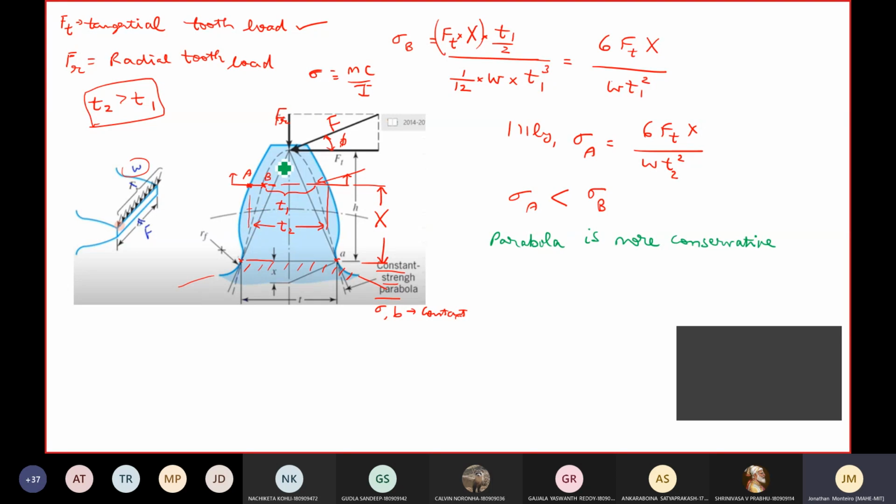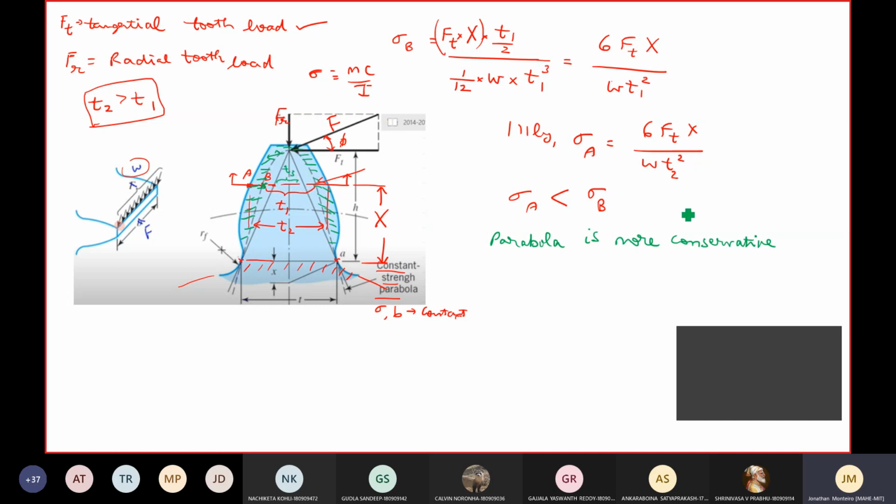This is the parabola limit. To describe a parabola, you should have this profile. Say you put extra material here. Definitely the stresses will reduce. But at the same time, this point is the limiting factor. Conservative means this is the limiting factor; you cannot go below this. If you go below this, say I describe here T3, what will happen?